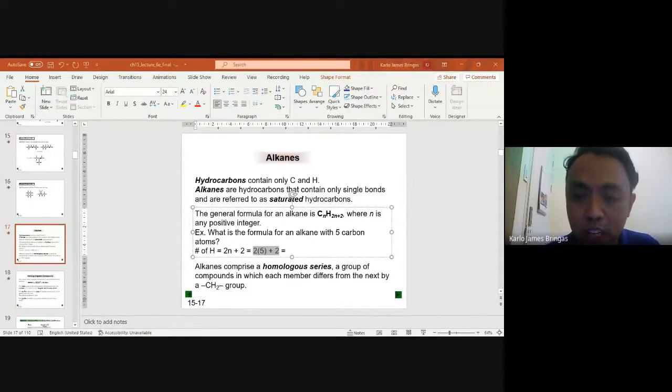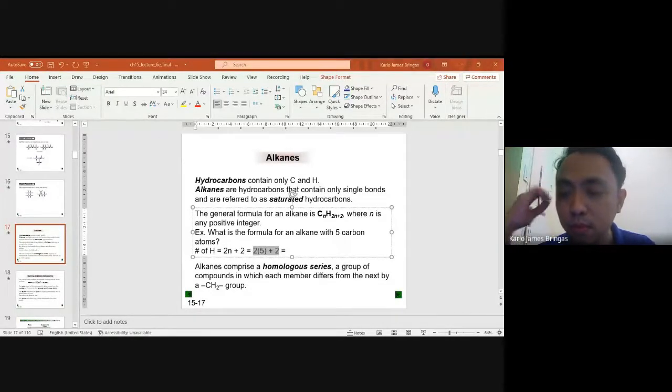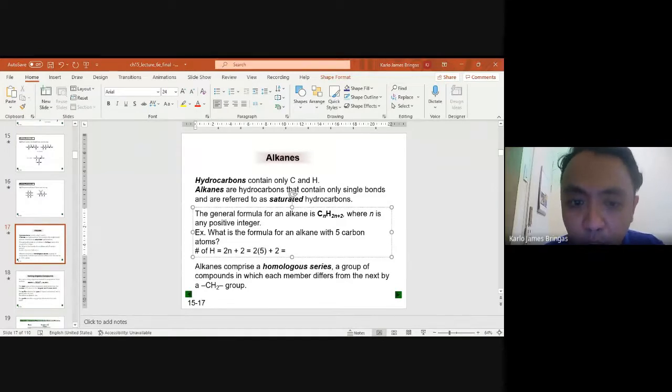So how much is 2 times 5 plus 2? Okay, thank you, Micah. So that is 12. Also John, that's 12. So therefore, in this alkane with 5 carbon atoms, it should have 12 hydrogen atoms total.